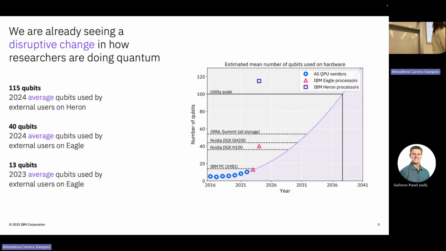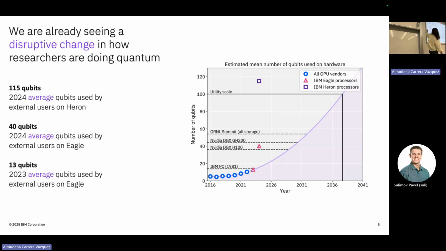A bit of an overview of the path. In this graph you can see the years and the estimated average number of qubits that people were using on our hardware. The trend was slowly increasing over the years, but had we kept it this way, we wouldn't have reached the 100 barrier until 2040. You need some breakthroughs to make this curve go more exponentially, and 2 years ago we started to run things on more than 100 qubits.